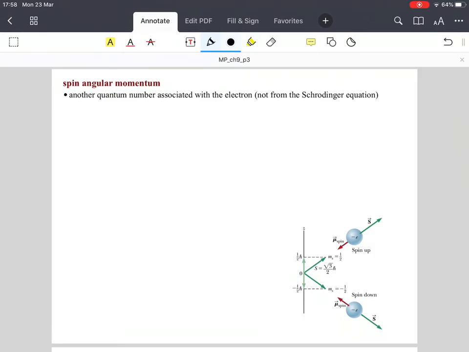So this quantum number is known as a spin, and we have a diagram shown on the bottom where we have this electron, and the idea is that it acts as a spinning angular momentum, that this electron is spinning around its axis, and that creates its own angular momentum.